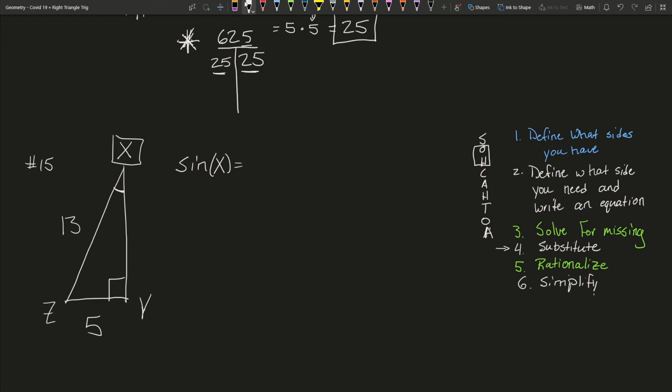which means we're dealing with this angle right here. All right. So if we draw a line from that angle to the opposite side of the triangle, we get our opposite side. And then we can get the hypotenuse by drawing a line from our right angle to the opposite side of the triangle.